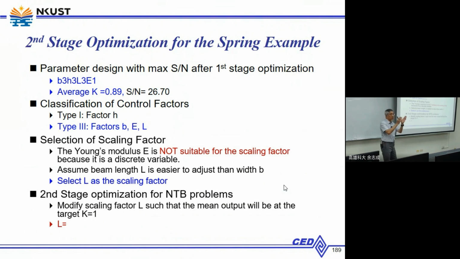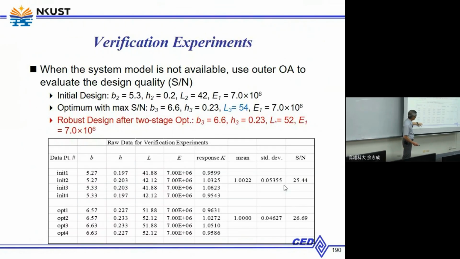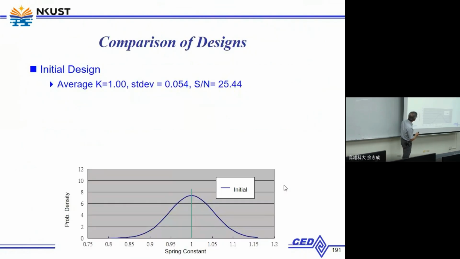Then we can try and error to adjust the length L in such a way that K will be equal to 1. In this way, we choose L to be 52, and we find out that the average will be just exactly 1.